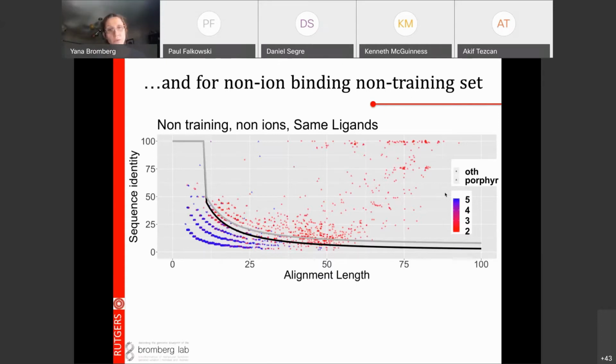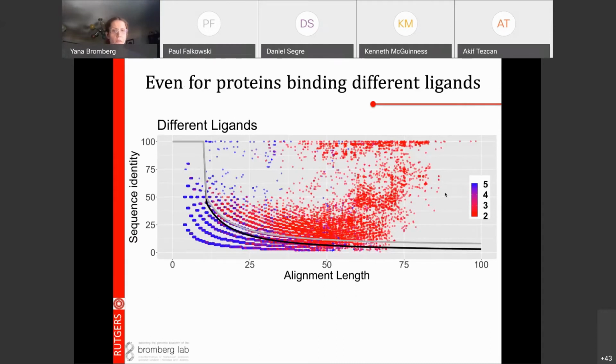What we also found is that we could use different ligands. So we could apply this alignment metric to structures that bound heme versus, let's say, cobalt ions, and try to figure out whether these look similar. Now, I guess you guys see how this is relevant to what evolution would look like.